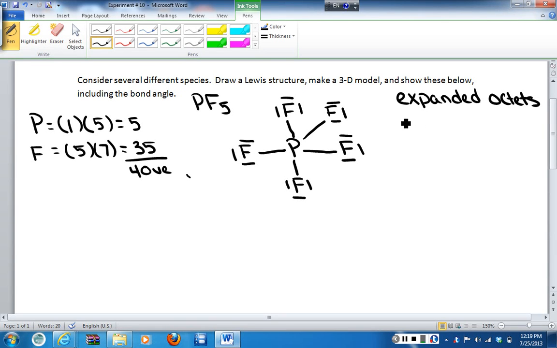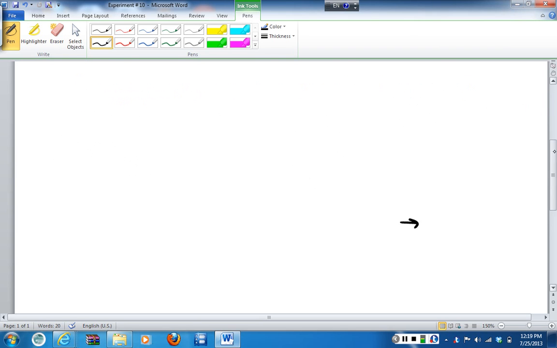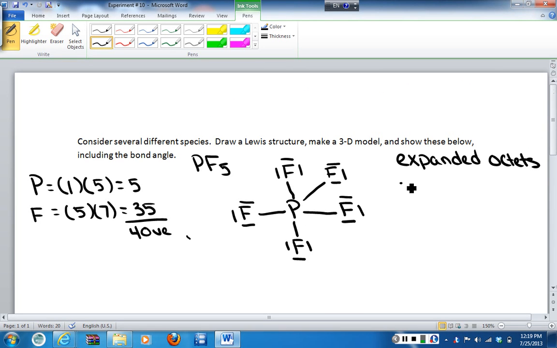You can observe expanded octets when you are in period 3 and below. If you look on the periodic table, you see that phosphorus is indeed in period 3.